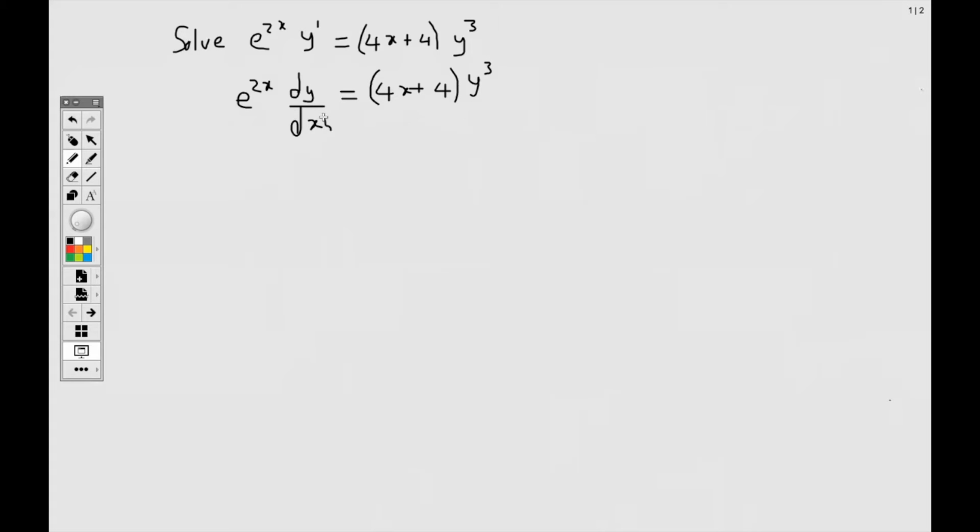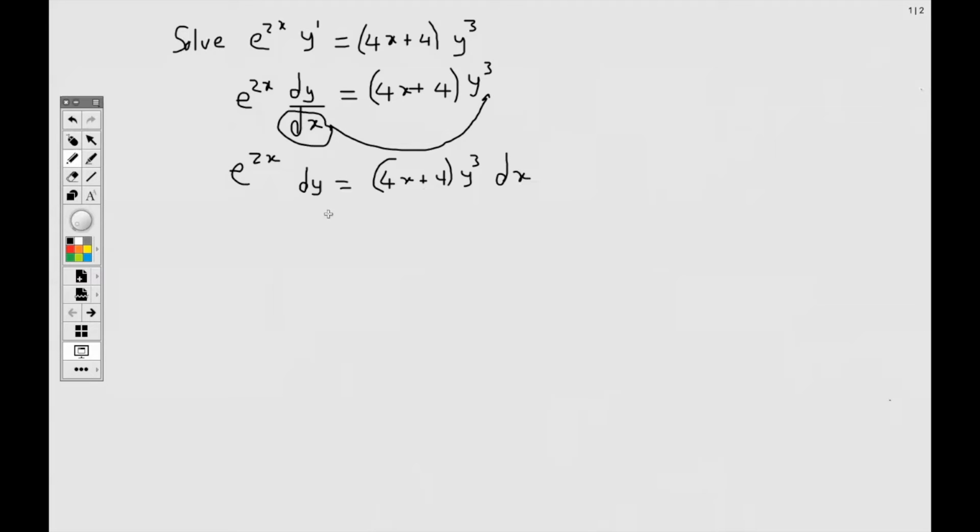Now first I'll get the dx over to my right hand side. So what I'll have here is e to the 2x dy is equal to 4x plus 4 times y cubed, and then the dx that I've carried over.